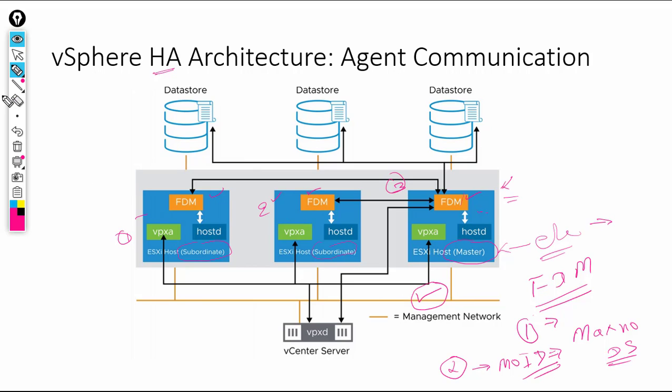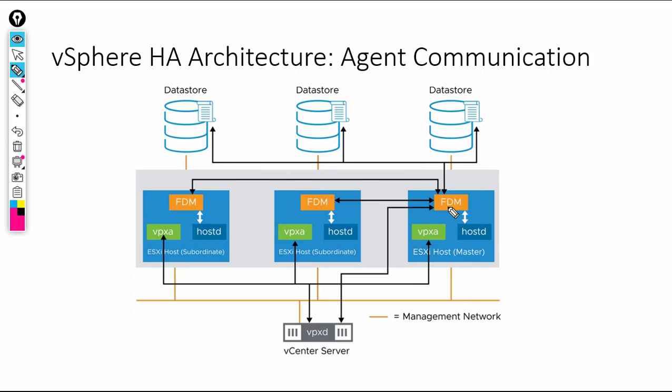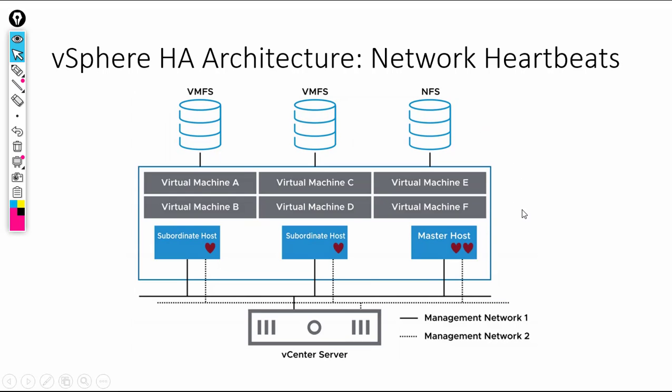So let's move to the heartbeat section. Basically, the master host checks whether a host is running or not using heartbeats. So this is the heartbeat section. The network heartbeat is sent over the management network.